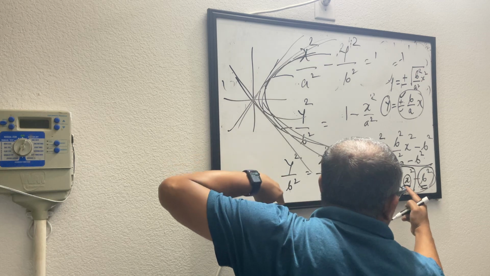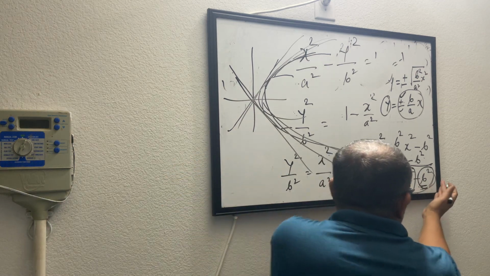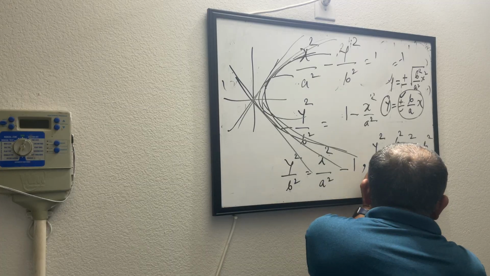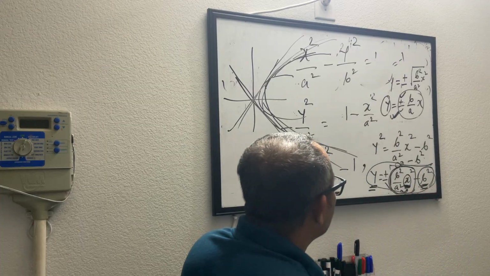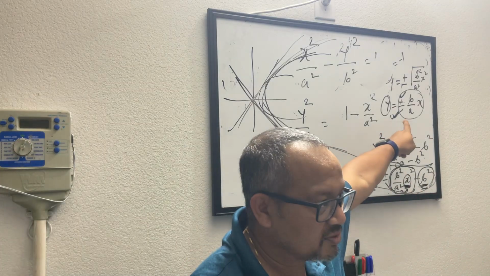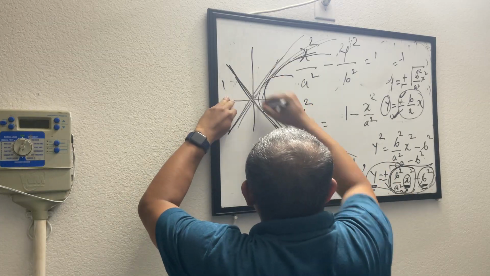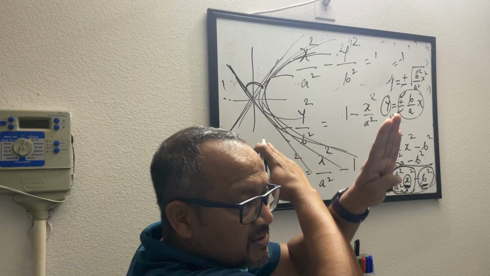So we are saying, okay, when my x tends to infinity, what happens to this value? When x is infinity, this is negligible. So this part alone becomes my equation for the asymptote. One is this one and the other one is perpendicular to that. So these two are my asymptotes.